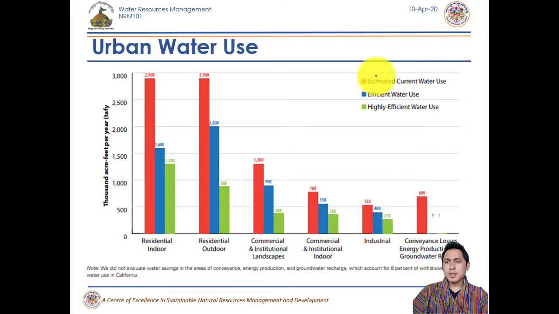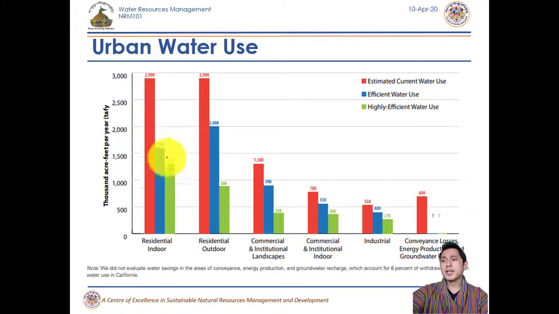In residential, if you look at the legend of the graph, red is for estimated current use, the water that is currently being used, and blue is for efficient water use, meaning what will happen if we use water efficiently. And green is highly efficient water use, using very high efficiency technologies. The current is around 2,900 TAF.